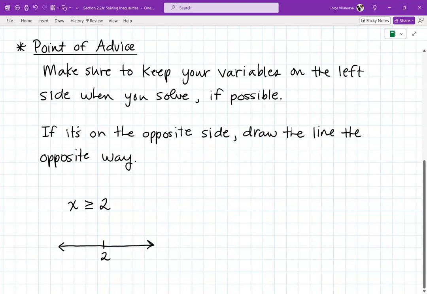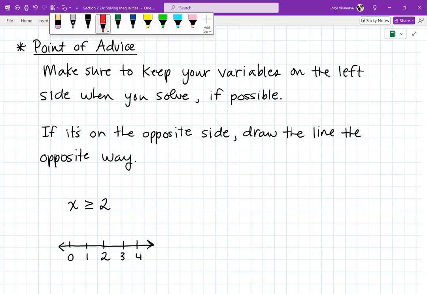I'm going to put my answer in the middle. That's a little trick that I tell people. That way you don't have to put too many numbers if you don't want to. But here's 3 and 4. Here's 1 and 0. Okay? So if I have to graph x greater than or equal to 2, first off, greater than or equal to, is that a solid dot or is that an open dot?